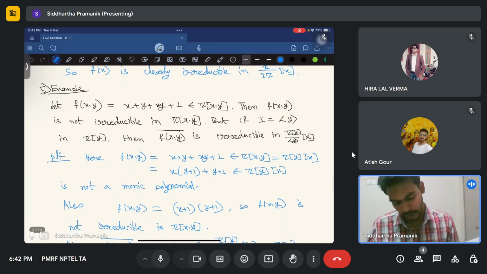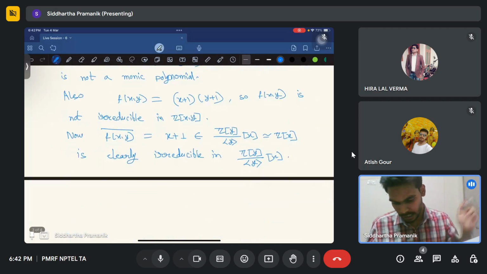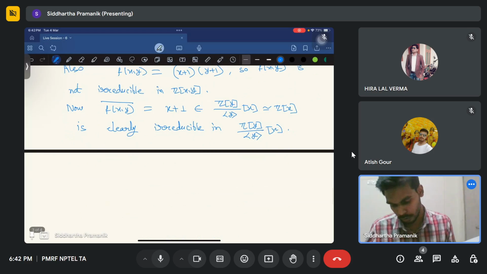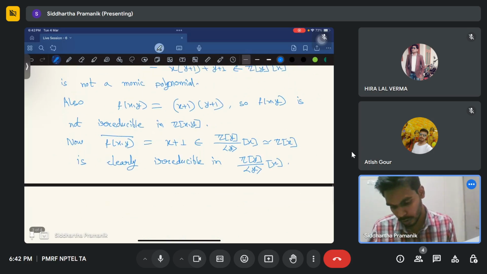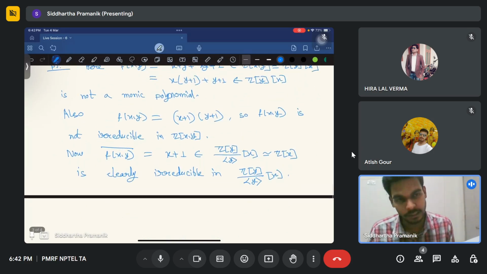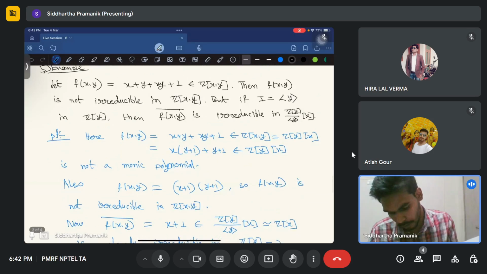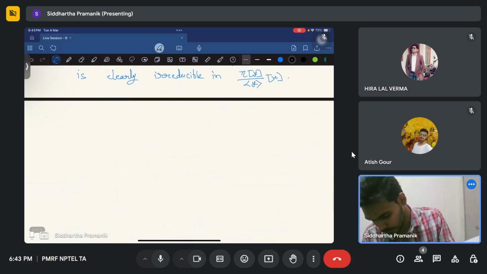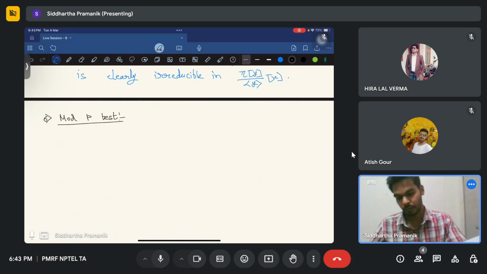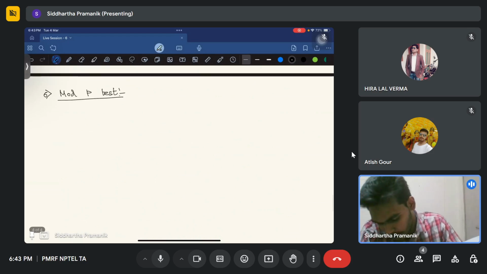Okay. So now using that result, let me prove one more technique which will help us to decide whether a polynomial is irreducible or not. So this is problem number 6. This is basically known as the mod p test in some textbooks. Okay, so let's state it here.